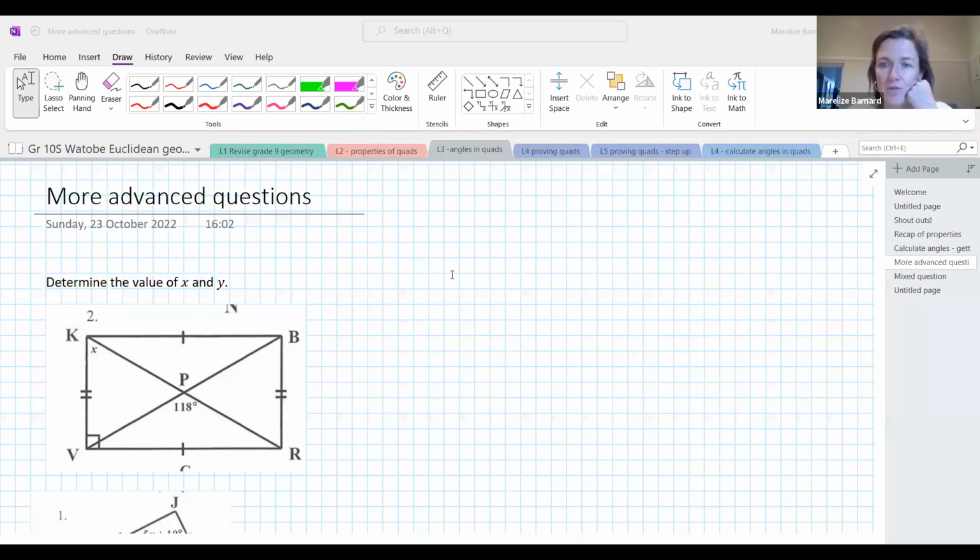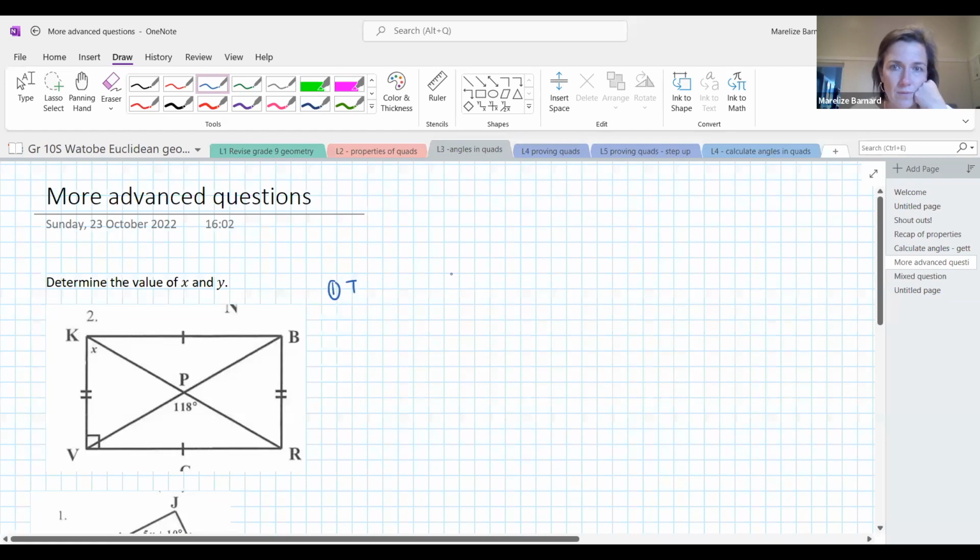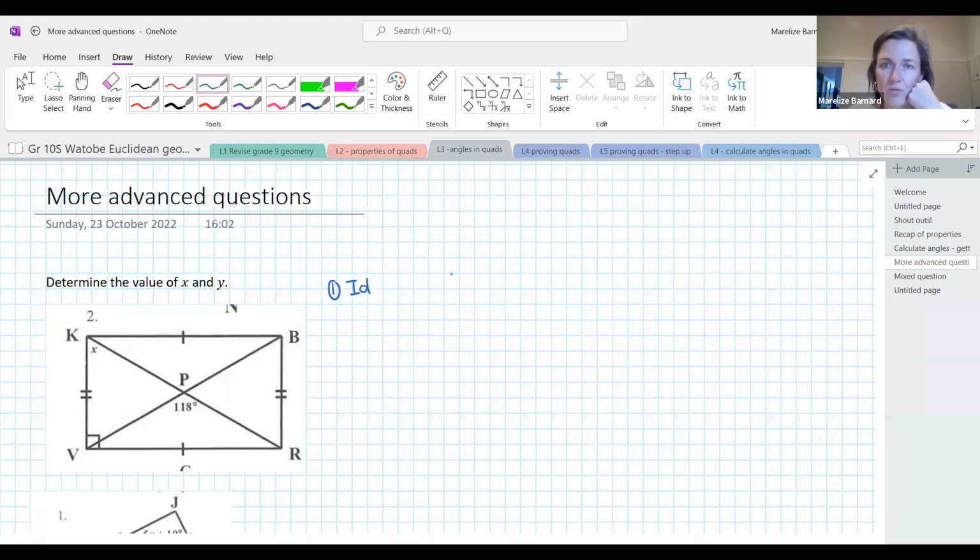Okay, so first step is to identify the shape. I wonder, Sandisile, do you want to unmute and tell us how you did it?